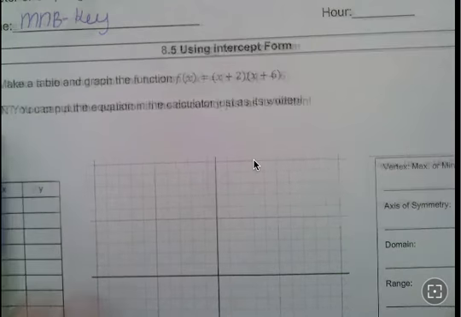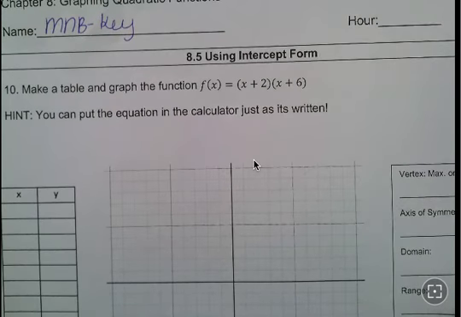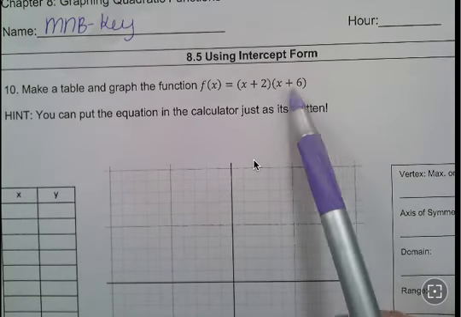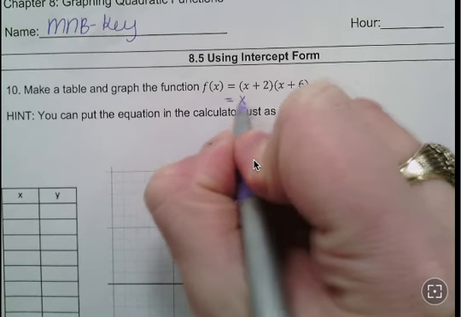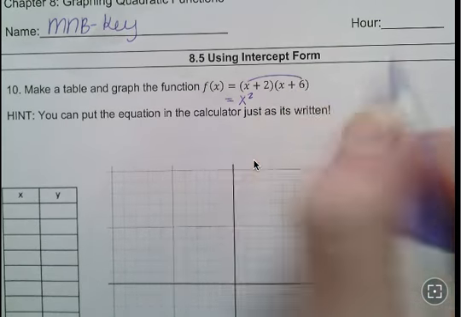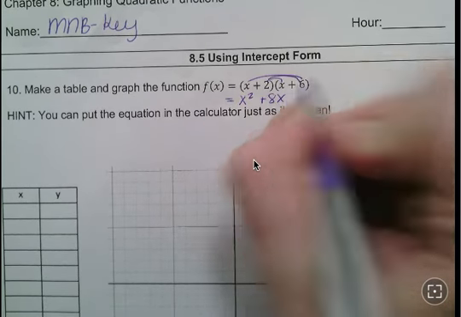The reason I've put this hint here, where it says you can put the equation in the calculator just as it is written, is because a lot of times you see this and think, oh, we could FOIL. And you could. If you FOILed, you get x squared, and then 6x plus 2x is 8x, and then 2 times 6 is 12.